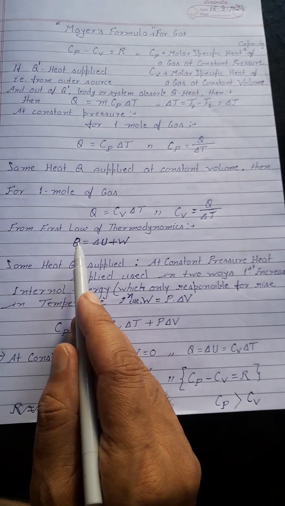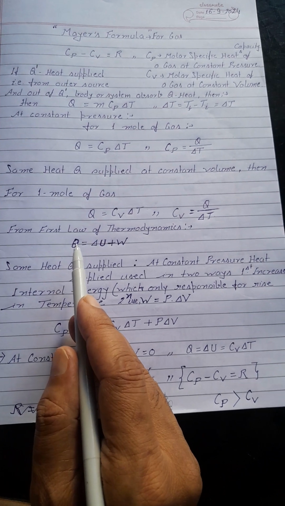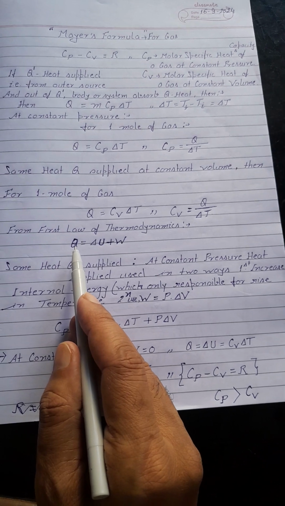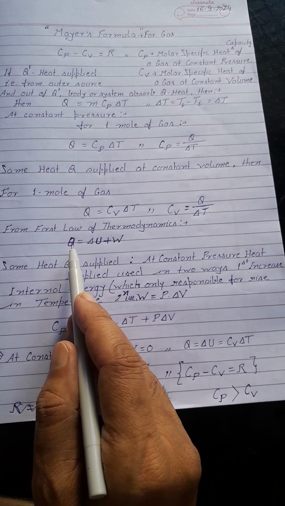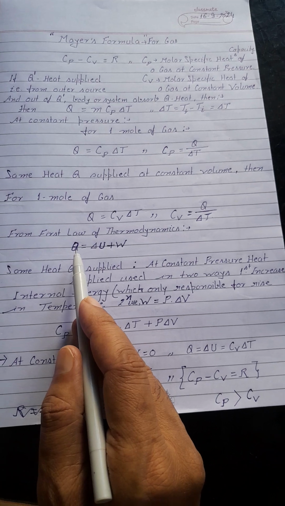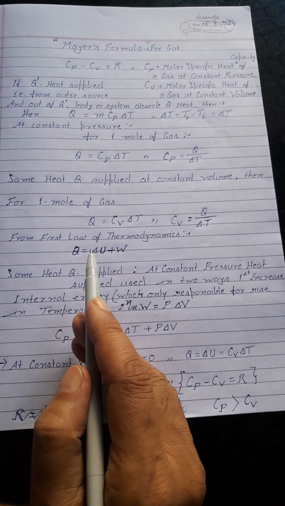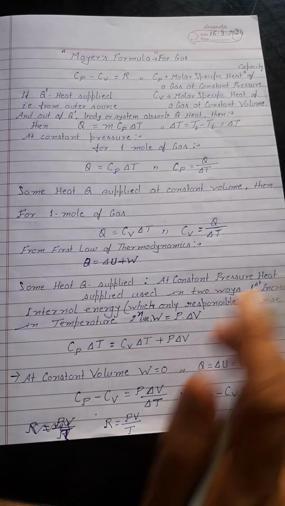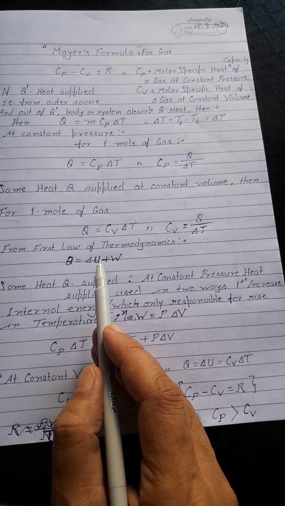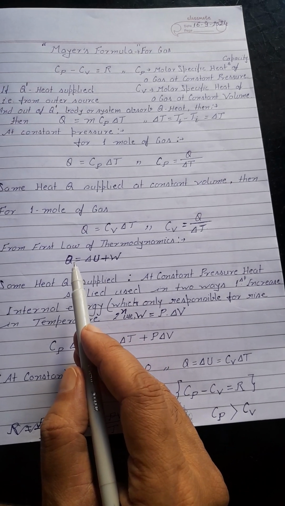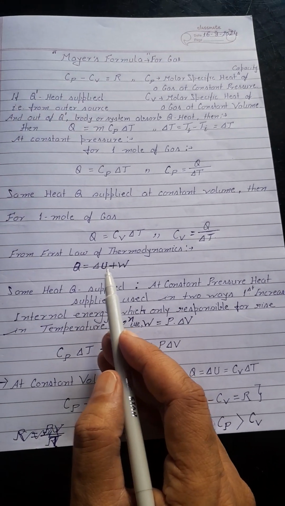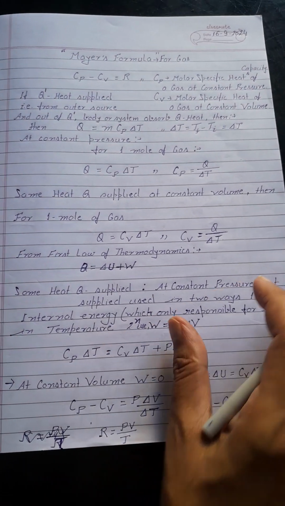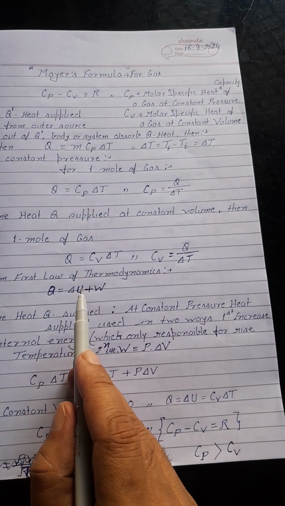If heat is supplied and the absorbed heat is Q, then it is going to be used in two forms, since the first law of thermodynamics is nothing but the law of conservation of energy. Q heat is utilized in two ways. First, it increases the internal energy of the gas.